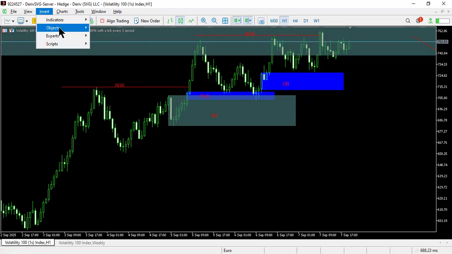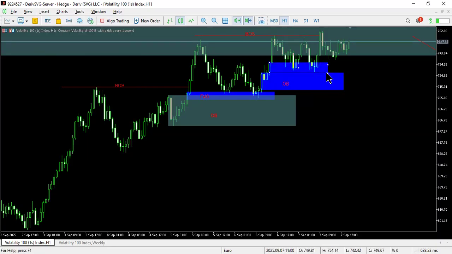Instead, it reacted from the fair value gap.